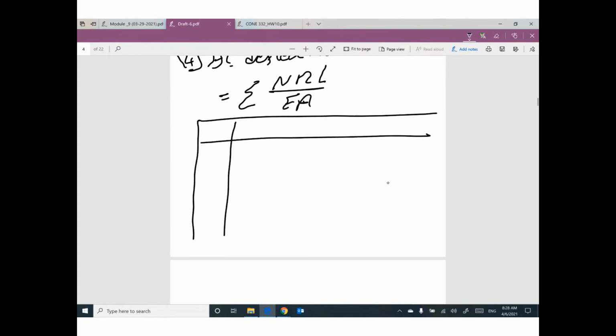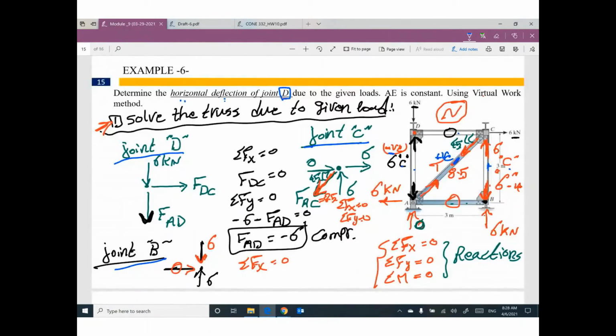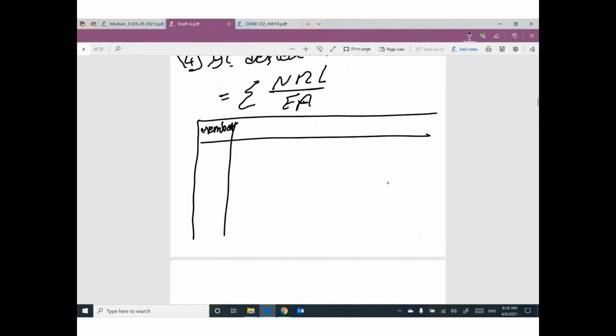The first column in the table is members. Please go ahead and put your members. We have 5 members. So we have member AB, member BC, member CD, member DA, member AC. 5 members.